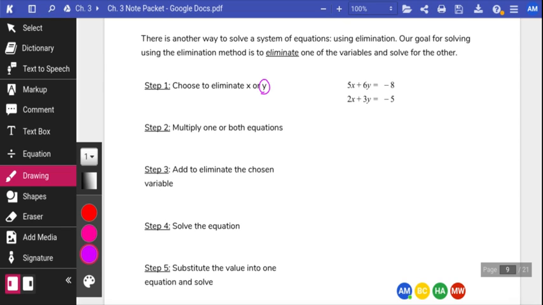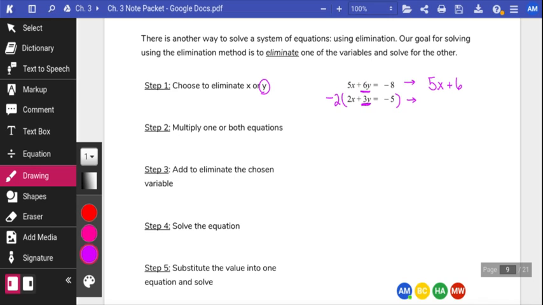Looking at my second equation, I decided to eliminate y because if I multiply my bottom equation by negative 2, then my y value would be negative 6, and that would make my y's opposites.